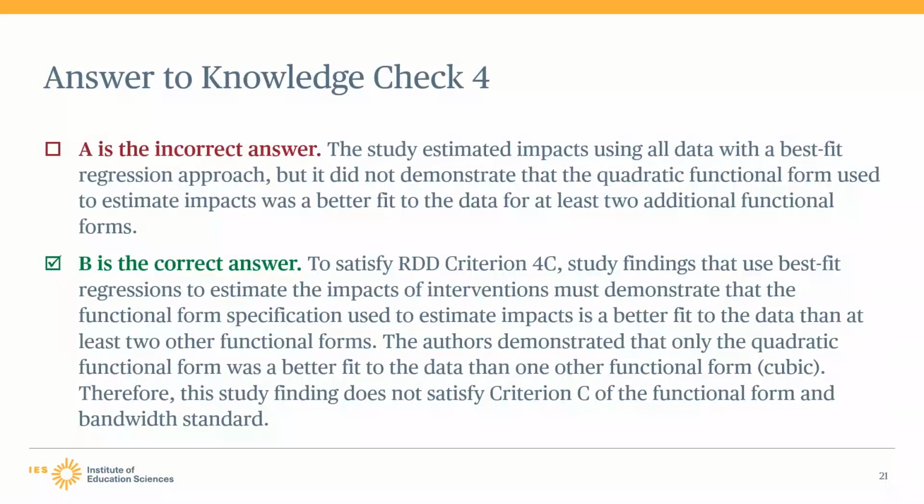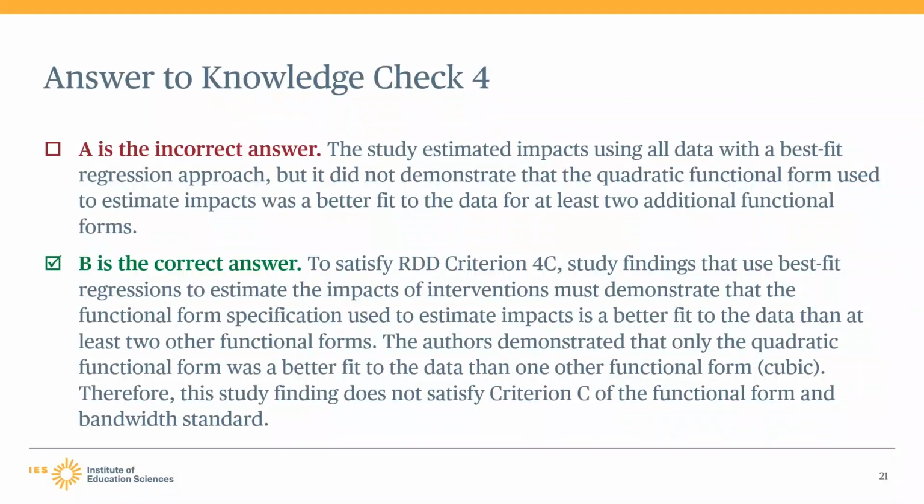The correct answer is B. Based on the information provided, RDD criterion 4C is not satisfied. For studies that do not use local regression or related nonparametric approaches to estimate impacts within a justified bandwidth to satisfy RDD criterion 4C, the authors must demonstrate that the functional form specification or best fit regression model was a better fit to the data than at least two other functional forms.